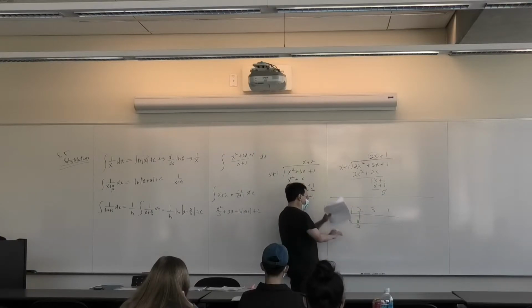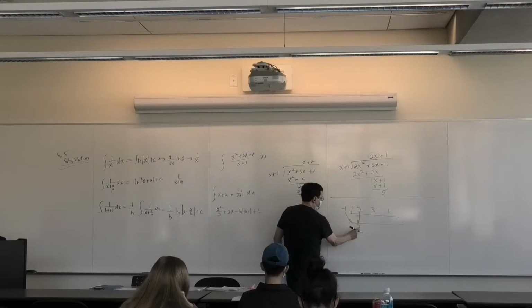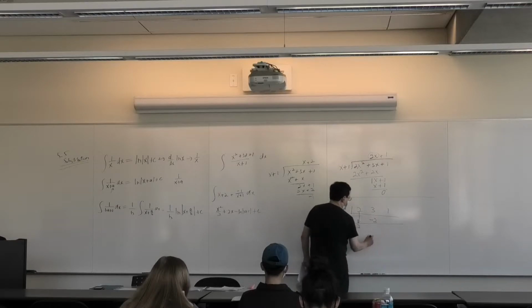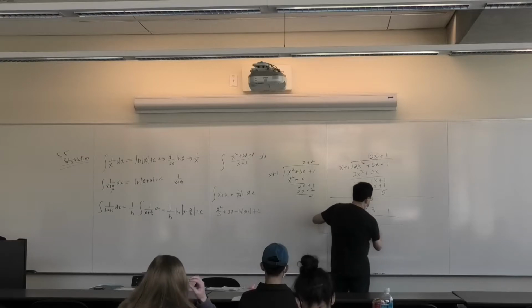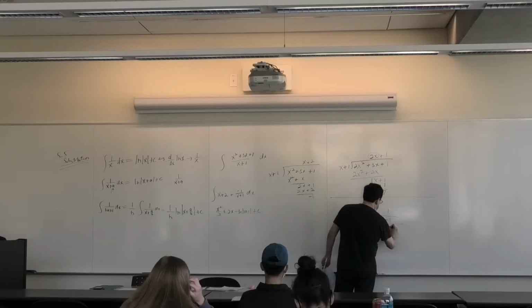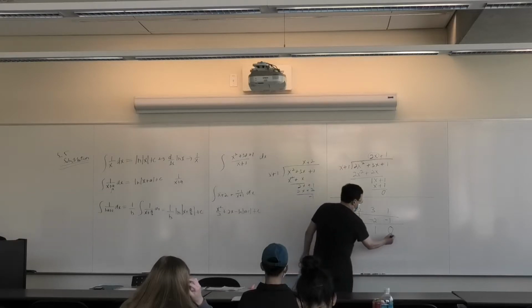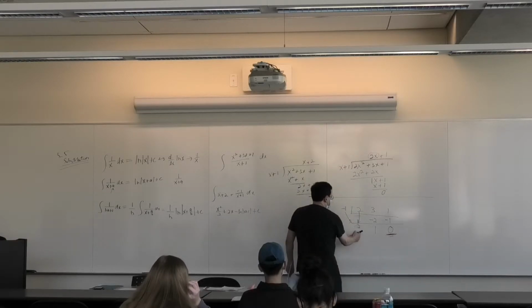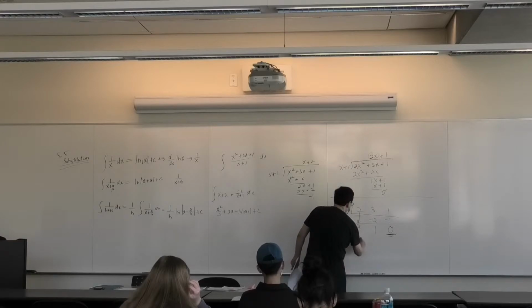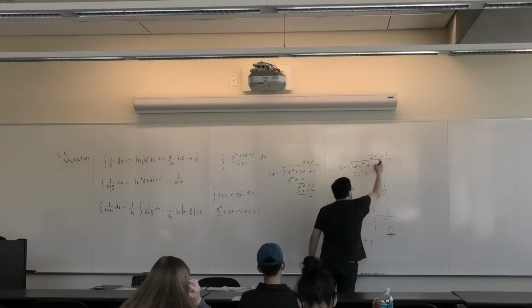Now, nothing up my sleeve. Minus 1 times 2 is minus 2. I add. Minus 1 times minus 1 is minus 1. I add. And now I'm done. This is my remainder, which is 0. These are the coefficients, 2x plus 1, that I get up here.